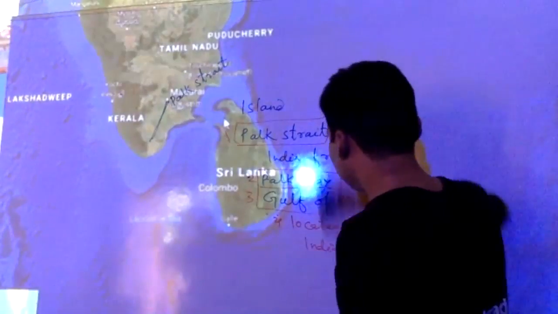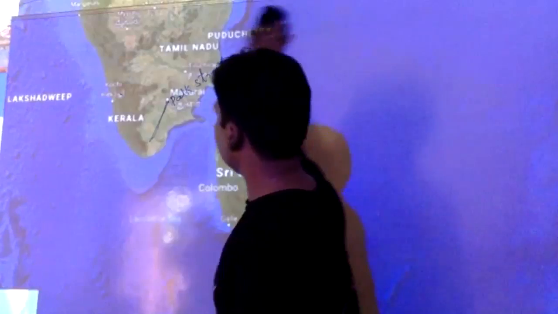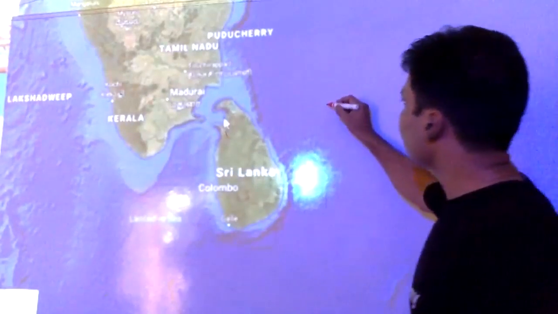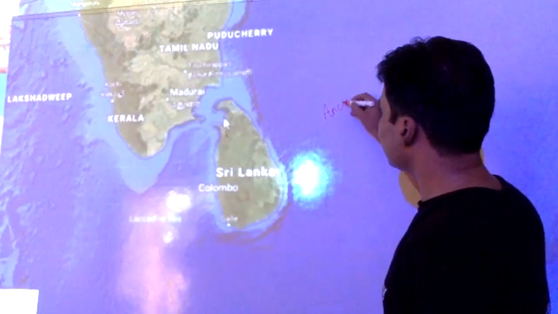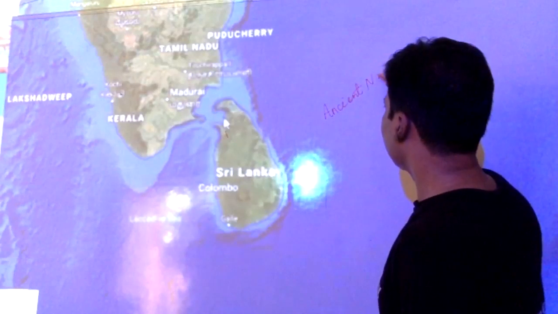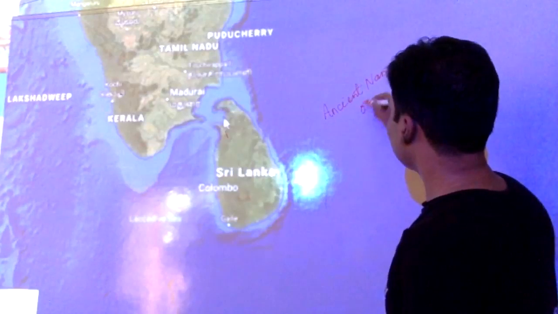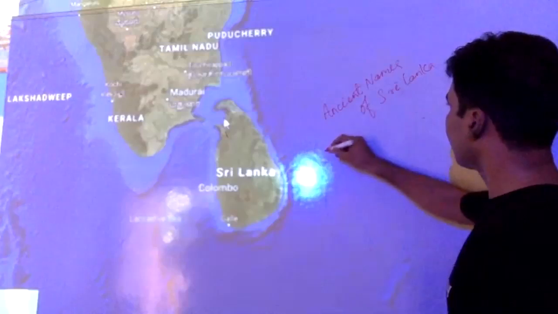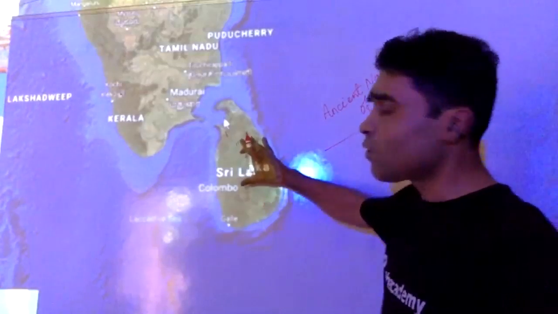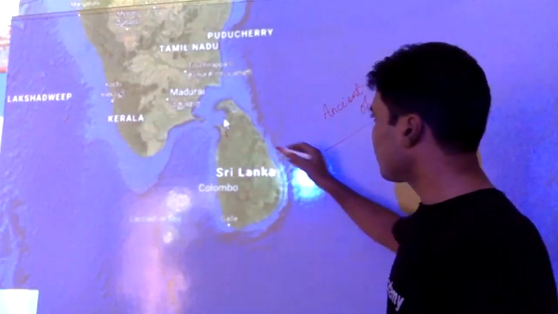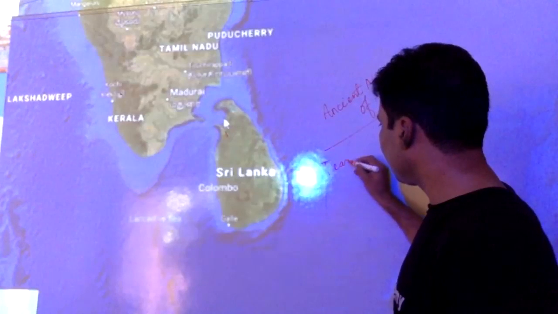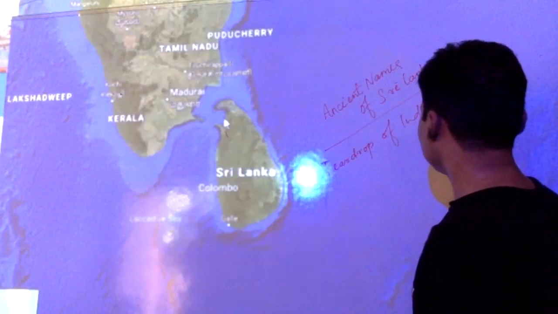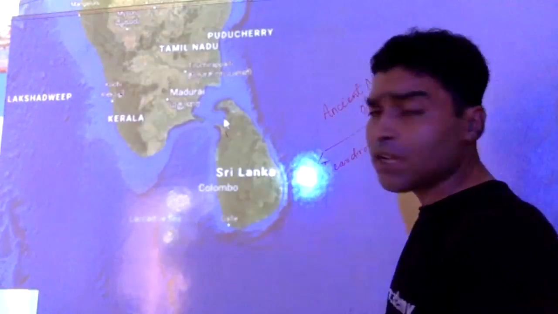Now we'll go for different names of Sri Lanka. Ancient names of Sri Lanka. One is, this is looking like a tear. So we call this teardrop of India. This is another name of Sri Lanka, teardrop.